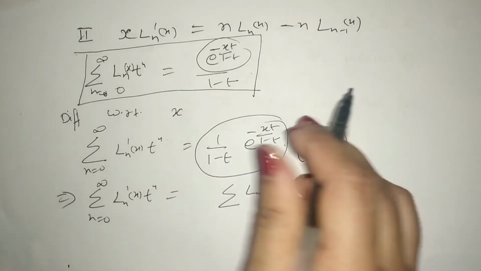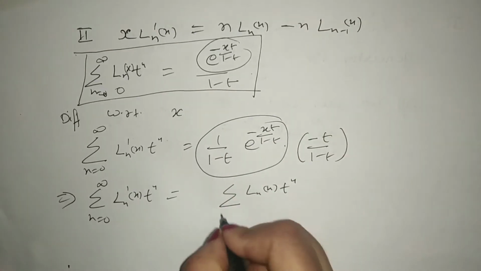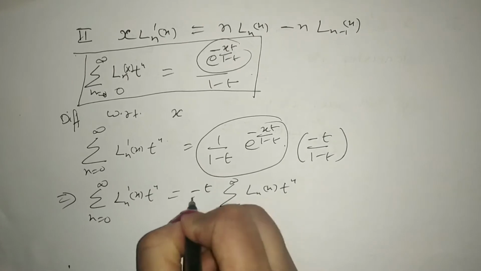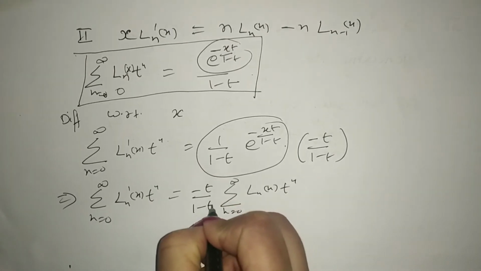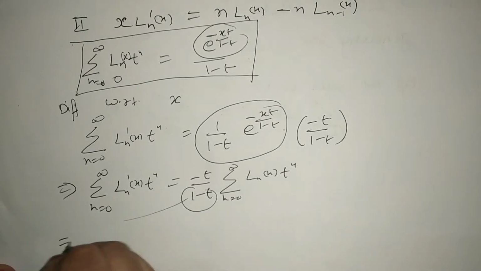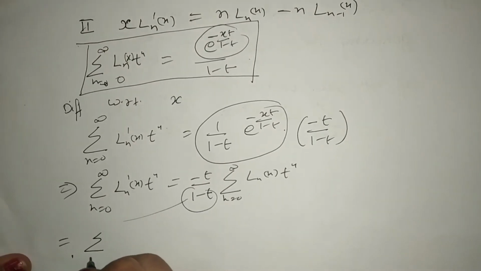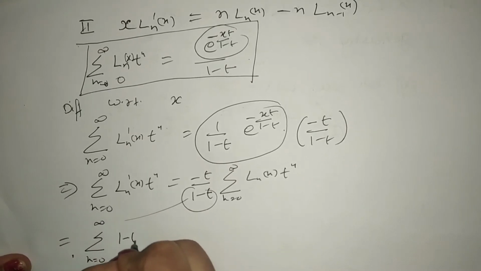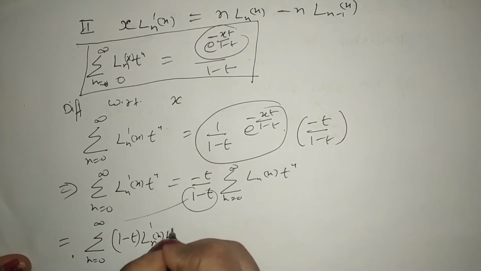Again we can put this value as summation n varying from 0 to infinity, and this term we'll keep it here, minus t upon 1 minus t. Now if we multiply this 1 minus t on the other side, we get summation n varying from 0 to infinity of 1 minus t into ln dash x into t raised to power n.